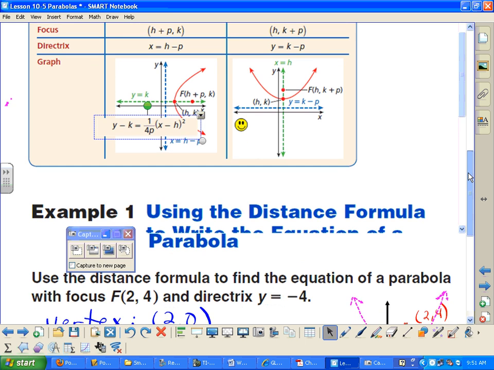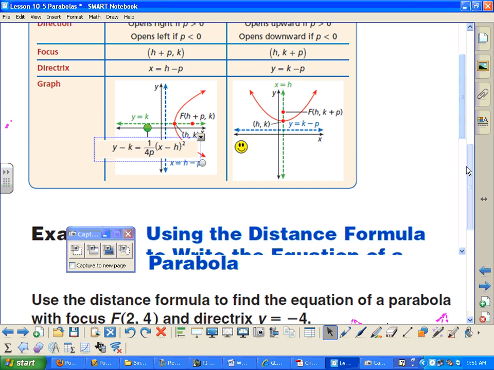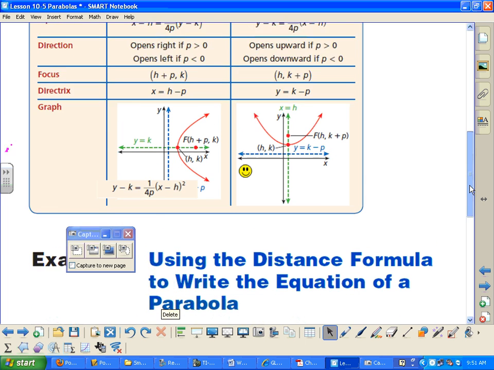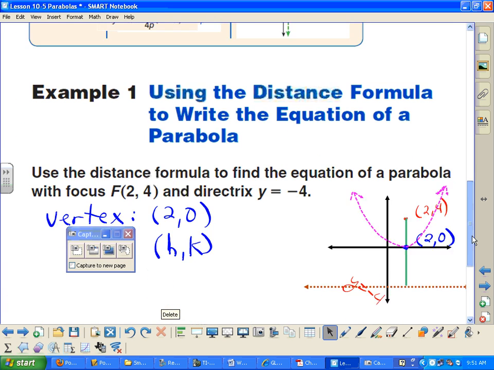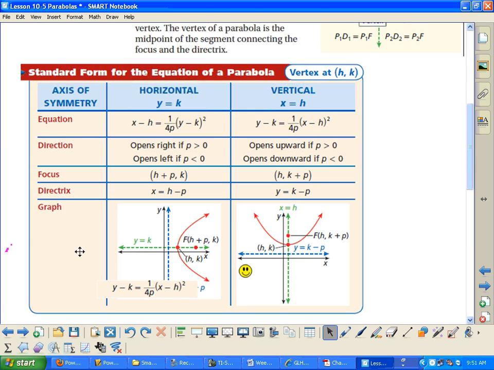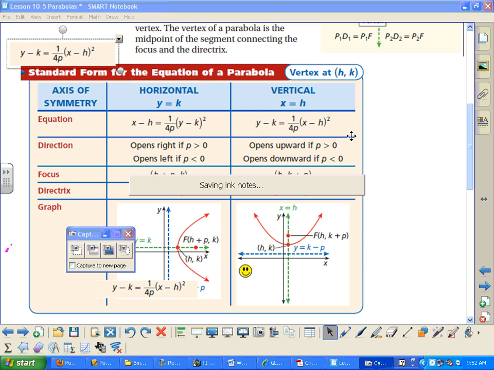I guess I just took a picture of the whole thing, didn't I? Let's see. There we go. Yep, I'm good here. I don't know where that one went, so let's do another one.